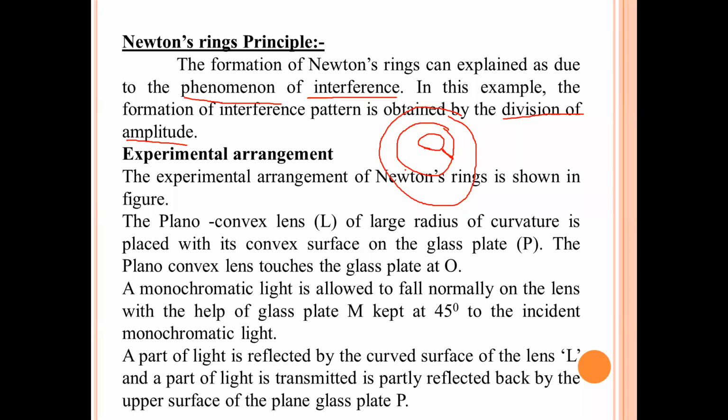So in a Newton's rings experiment, dark and bright rings are formed. We have to calculate the condition for obtaining a dark fringe and the condition for obtaining a bright fringe. Okay. So here, first of all, we discuss the experimental arrangement.